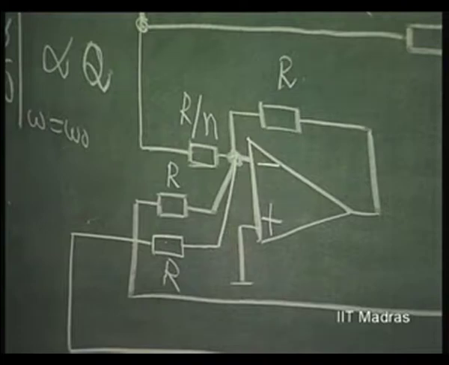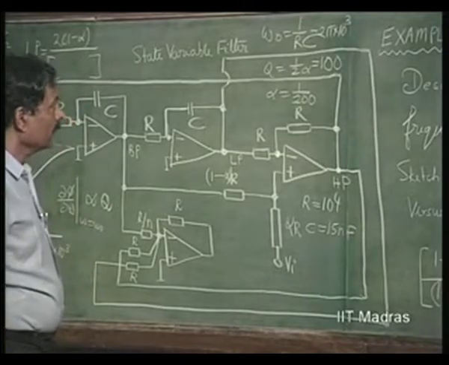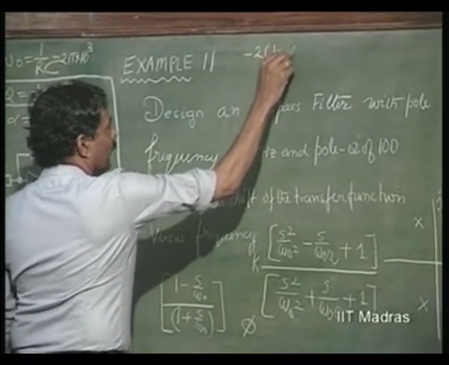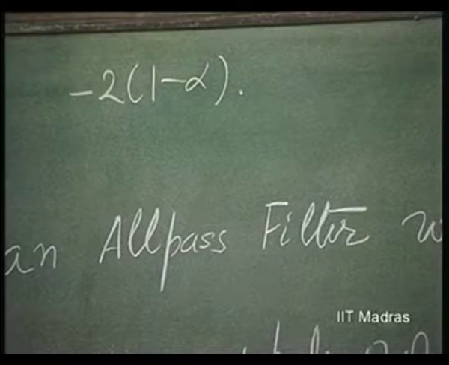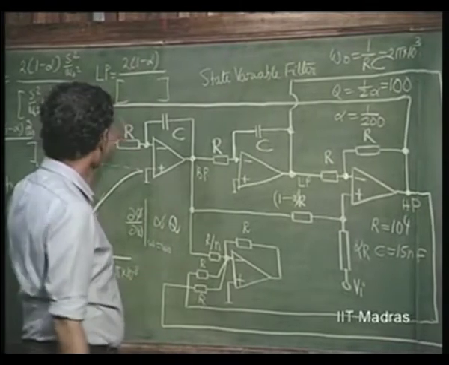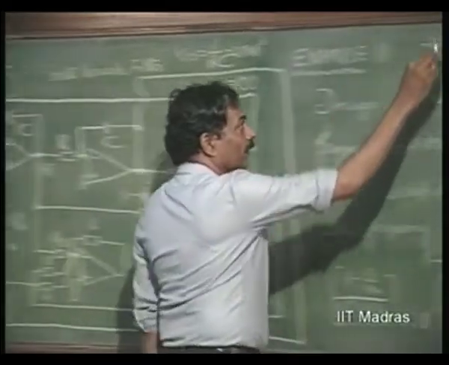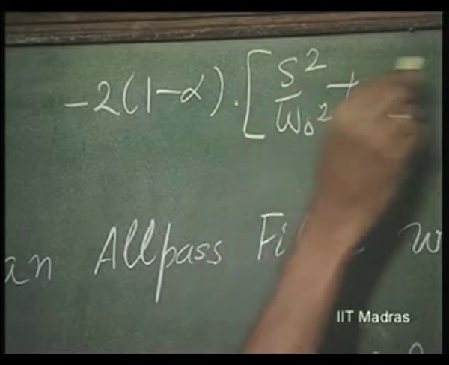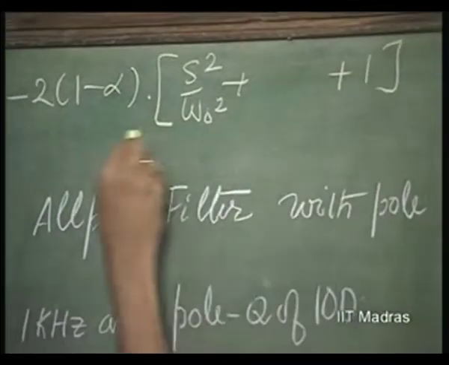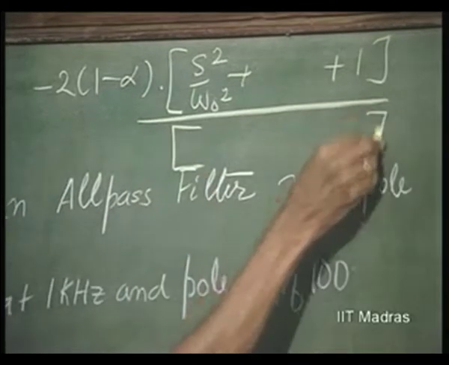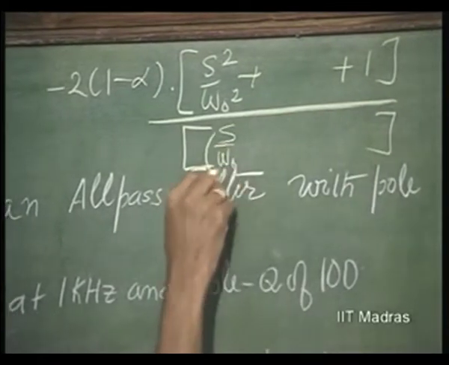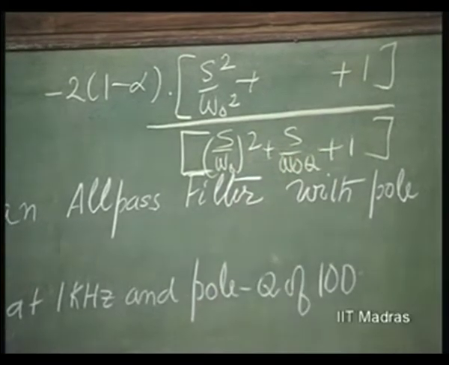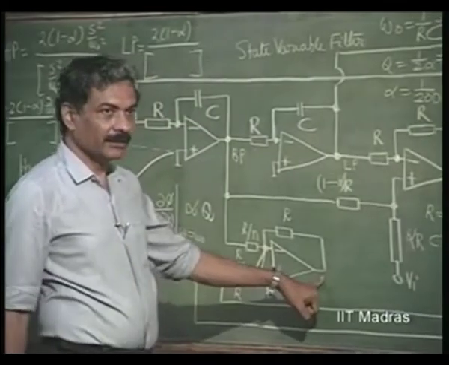So, we get a coefficient which is going to be minus 2 into (1 minus alpha), because of the inversion for both of these, times s squared by omega naught squared plus 1 divided by the same denominator, (s by omega naught) whole squared plus s by omega naught Q plus 1. This is what we are getting at the output of this.